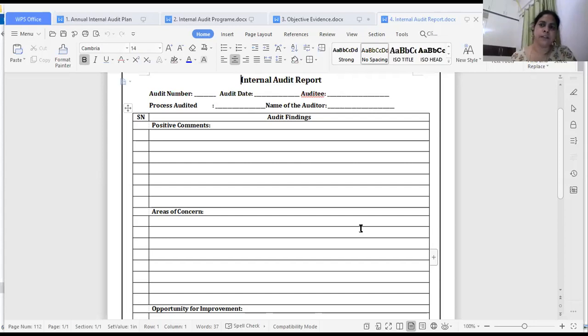And if 3 times the same areas of concerns are repeating again and again, at that particular time, from all your reports, you will write in your conclusion: report dated on this, report dated on this, report dated on this, is showing the same concern.